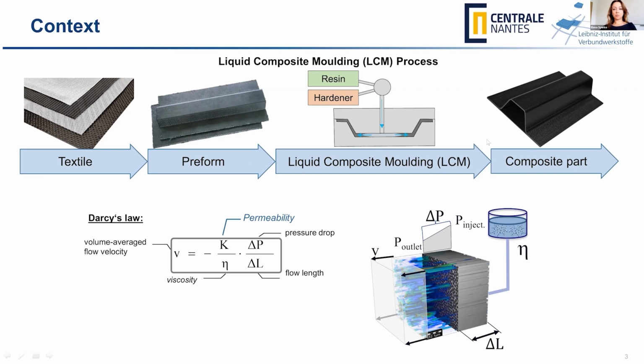And then the cured part becomes like this at the end. So this flow process is guided by Darcy's law, which you can see here, which relates the volume average flow velocity to the pressure drop. And here the key parameter is the permeability, which is a tensorial property.